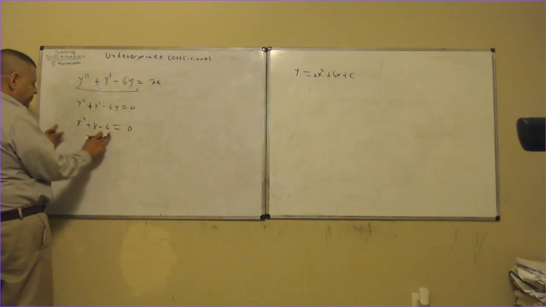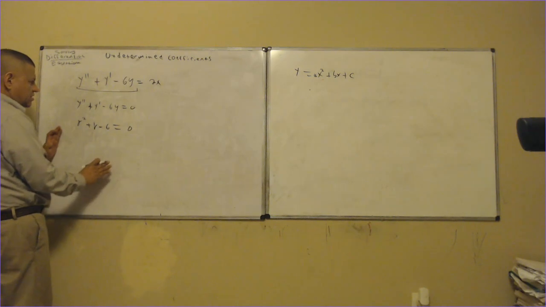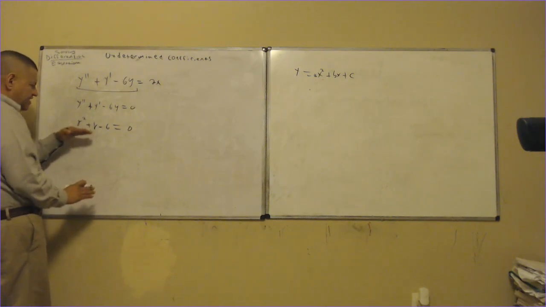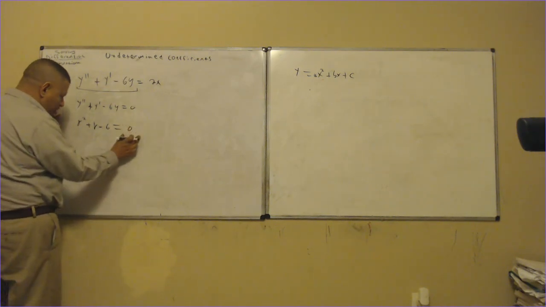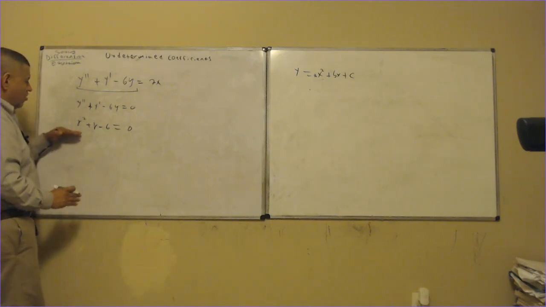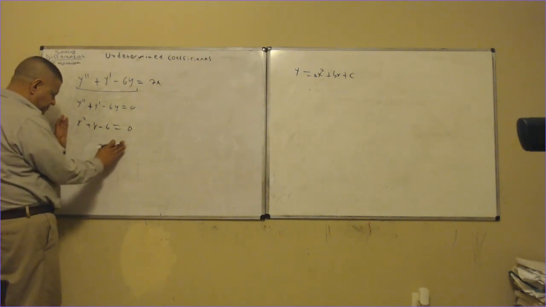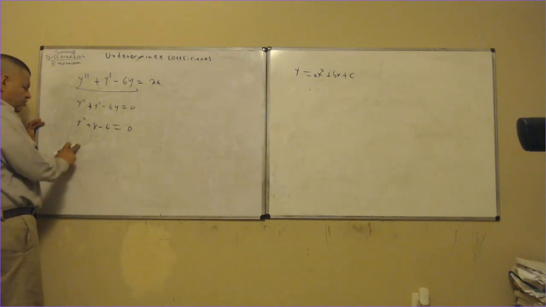Now let's see what we can do with this to find the root. We know that when we find the root, we make this equation equal to 0, right? In basic algebra. Now what we're doing right here is basically finding the root of this equation, right?